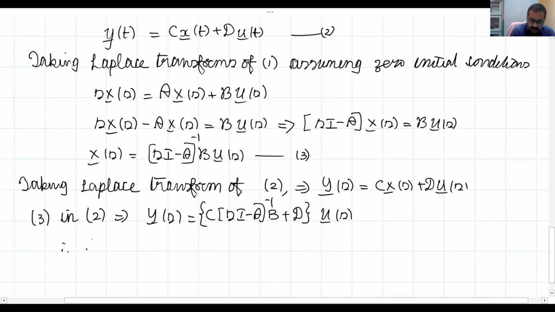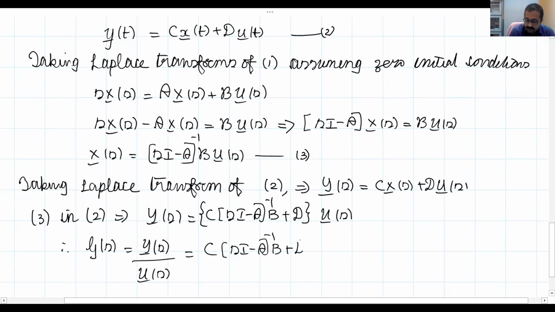So what's the transfer function? Transfer function is nothing but the ratio of Laplace transform of output to Laplace transform of input. What will you get? C (sI minus A) inverse B plus D. So if you know your A, B, C and D matrices, then you can compute the equivalent transfer function using this.